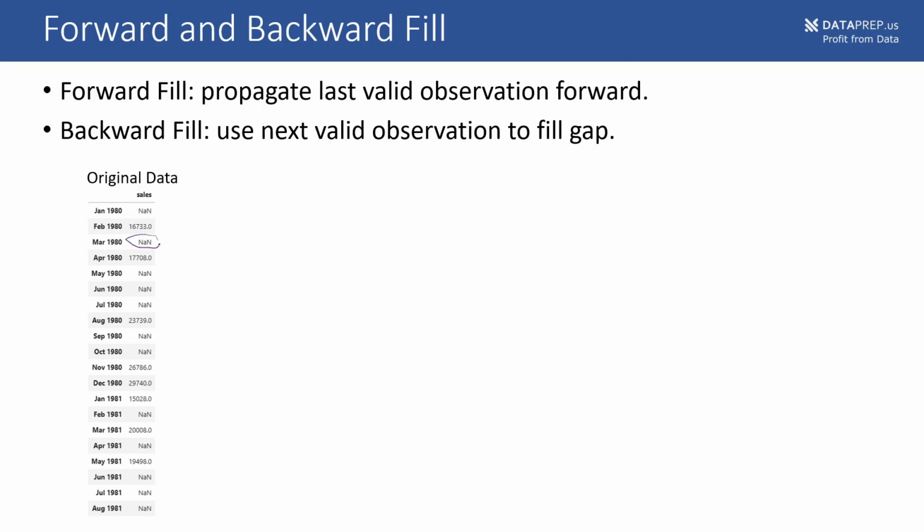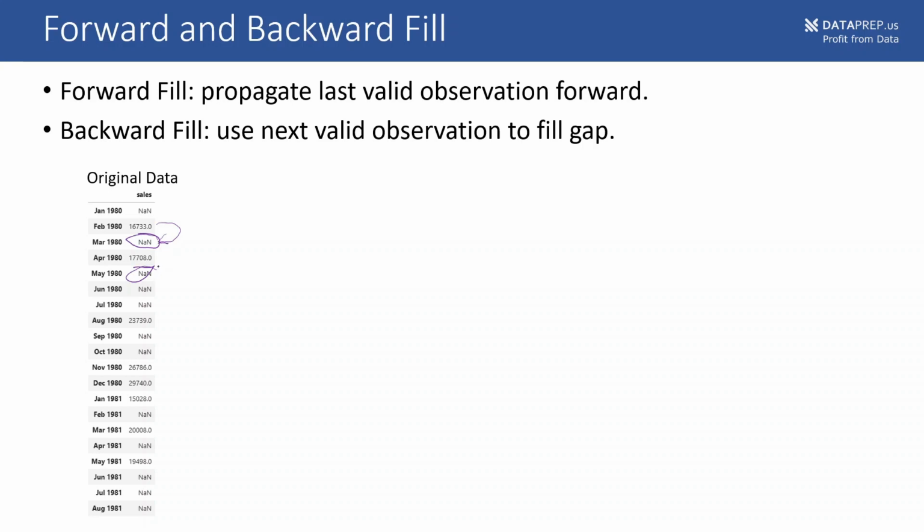So here we find that we have these missing values. And the way we fill it is because we don't know the value for March 1980, we assume that this must be the same as the previous known good value. So we copy the same value here that we had for the previous month.